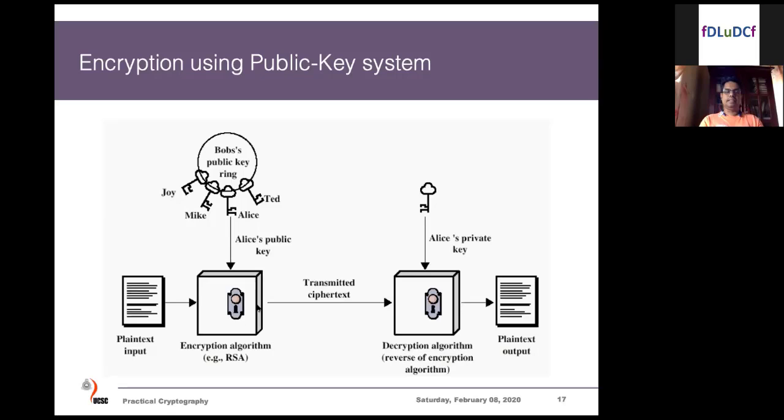Then the encrypted data is sent to Alice. After it is locked with Alice's public key, no one can open it, because the key needed to open it is with Alice. Bob can send that data to Alice, and Alice can use her private key to open that box and get the plain text.